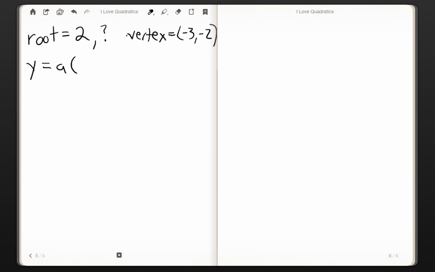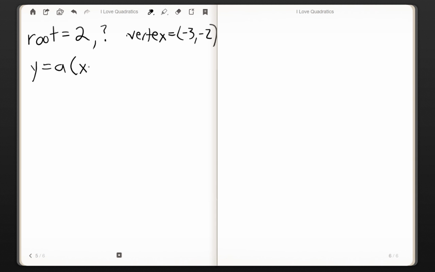So if we tried the vertex form, so now your first guess might be to try the root form, since we know what one of the roots is, and we can use the vertex coordinates as another point on the graph.